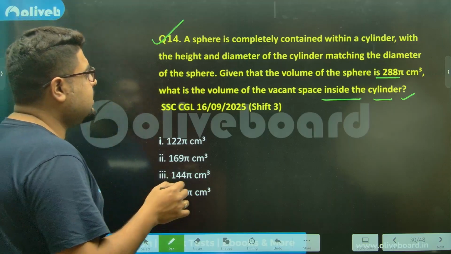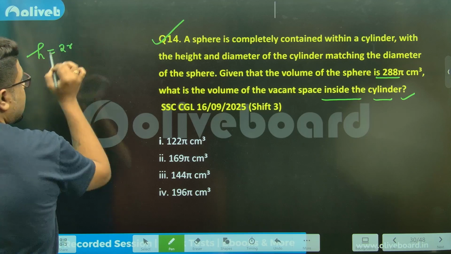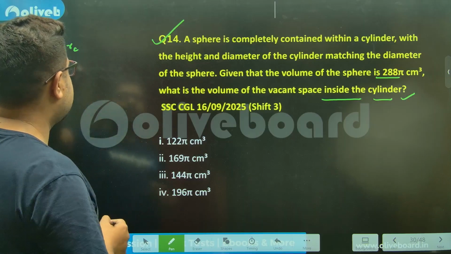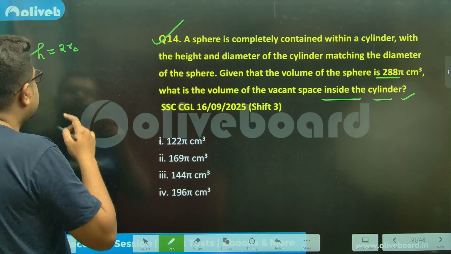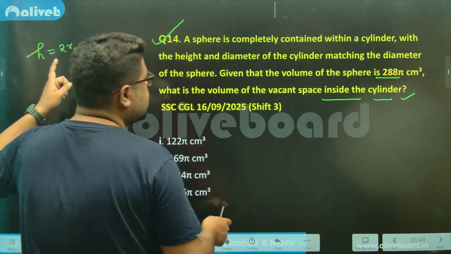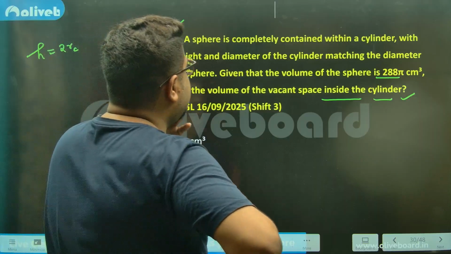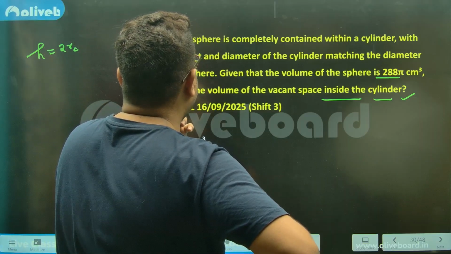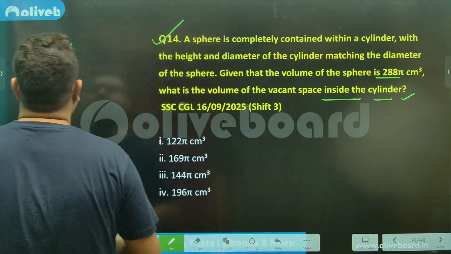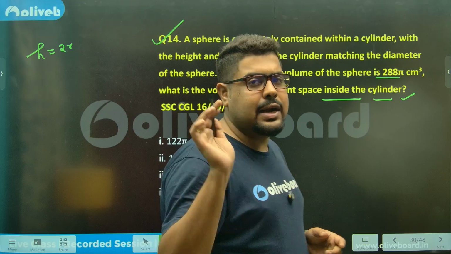So the height of the cylinder is the diameter, meaning 2r. The height and diameter of the cylinder both match the diameter of the sphere, so the radius of the cylinder is equal to r of the sphere.